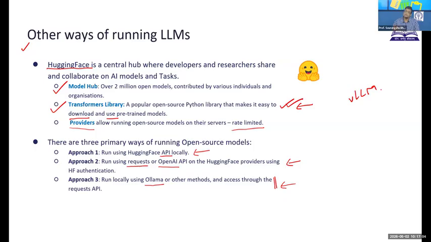It can download the open source models, their version of the open source model, not the usual version, and run a query on your local server. So you access them through an HTTP interface which is running on your machine. Okay, so these are the three ways of running open source LLMs.